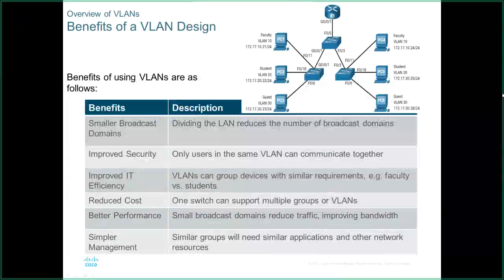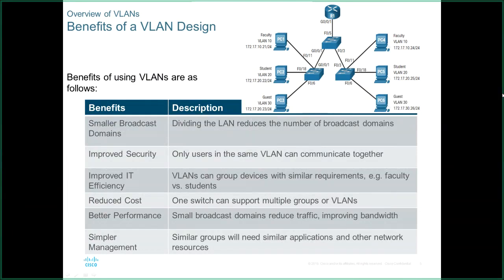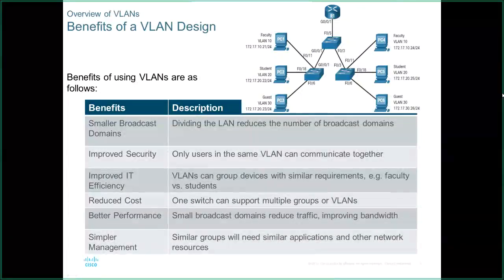So less traffic means less congestion, which improves the bandwidth available for the proper traffic. It also makes the management of our network simpler, because we can control what resources are available to each particular area more easily.